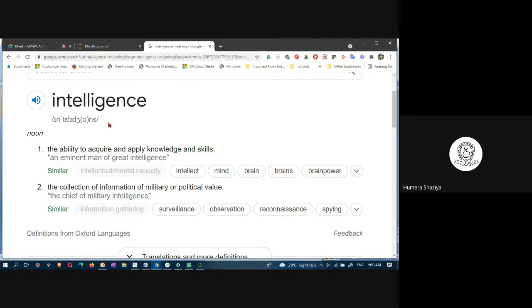Are we humans intelligent? Most all of us, in a broad sense, are intelligent. And why is our intelligence not artificial? Is our intelligence artificial or natural?